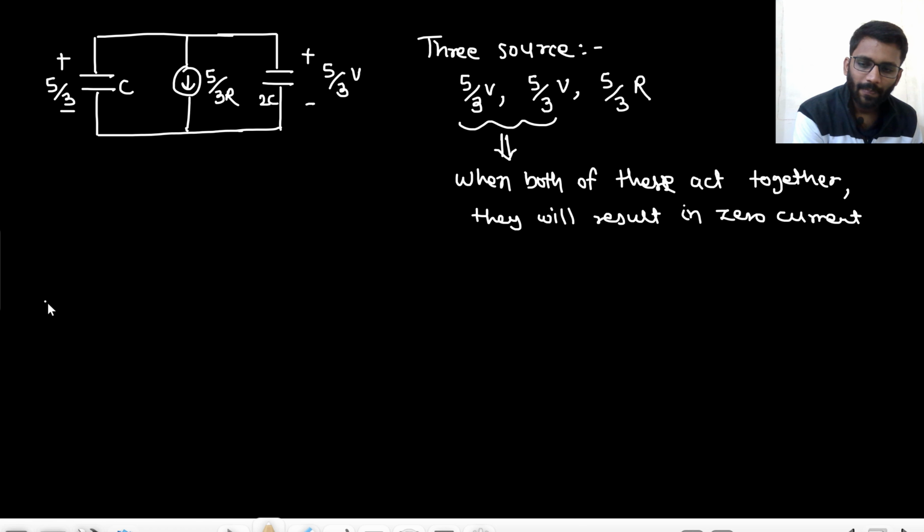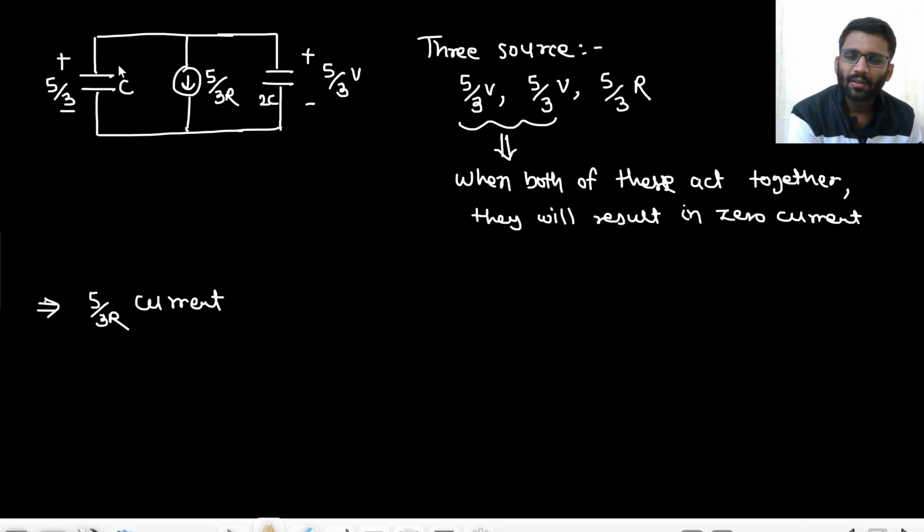So now 5 by 3R current. Now what was my direction of IC1? IC1 direction, this one. IC1 at t equals to 0 plus, and this was your IC2 at t equals to 0 plus.